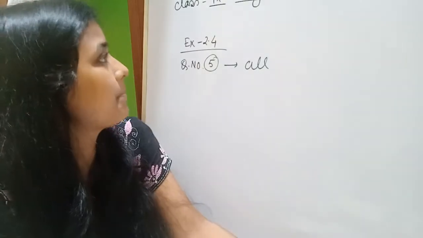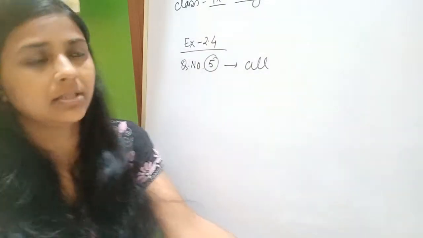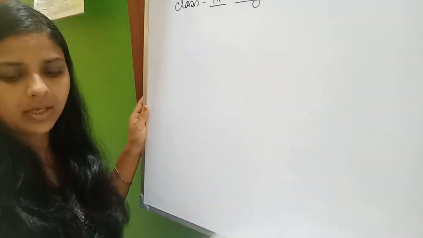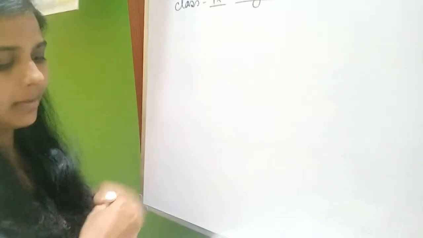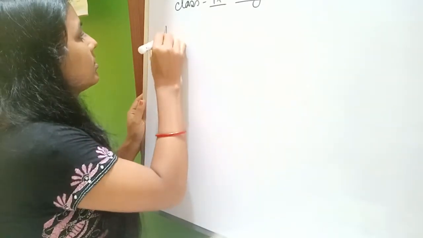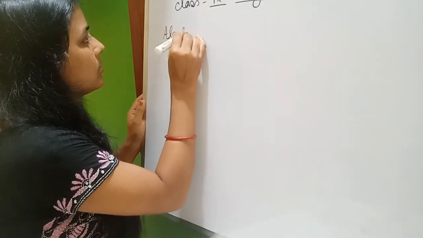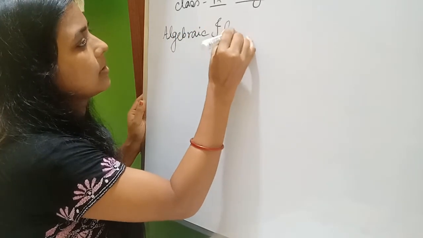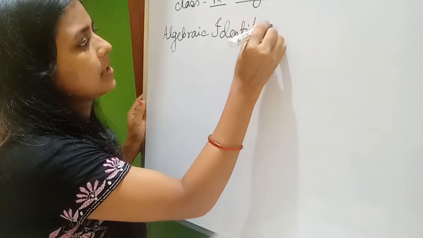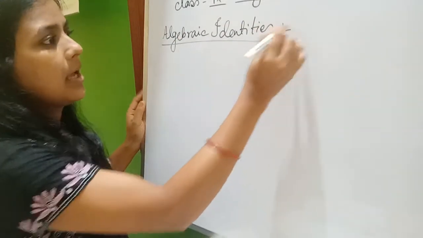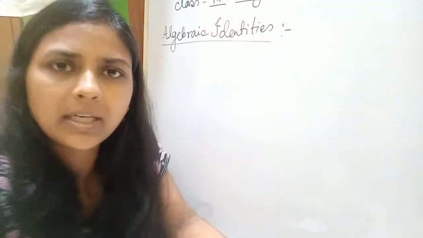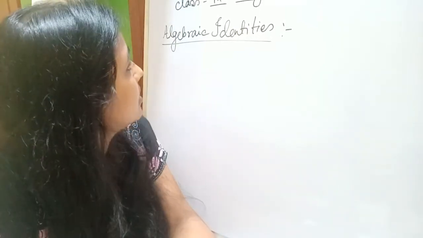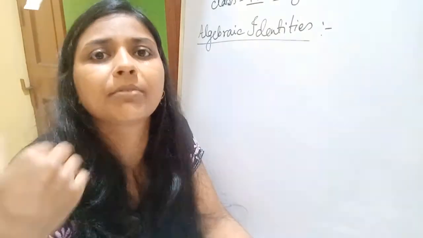Coming to the second part, that is algebraic identities. Just in a simple language, if I want to tell, then I would say algebraic formula.